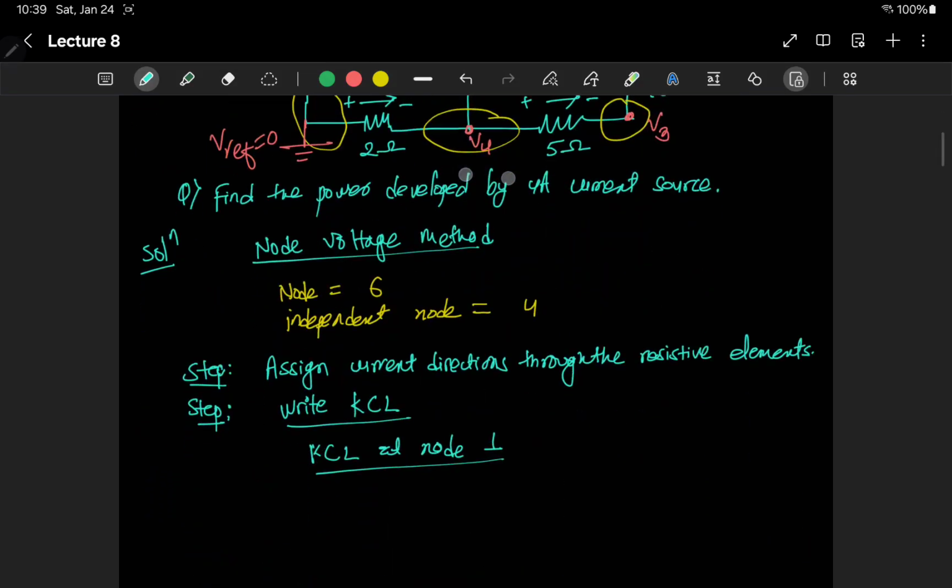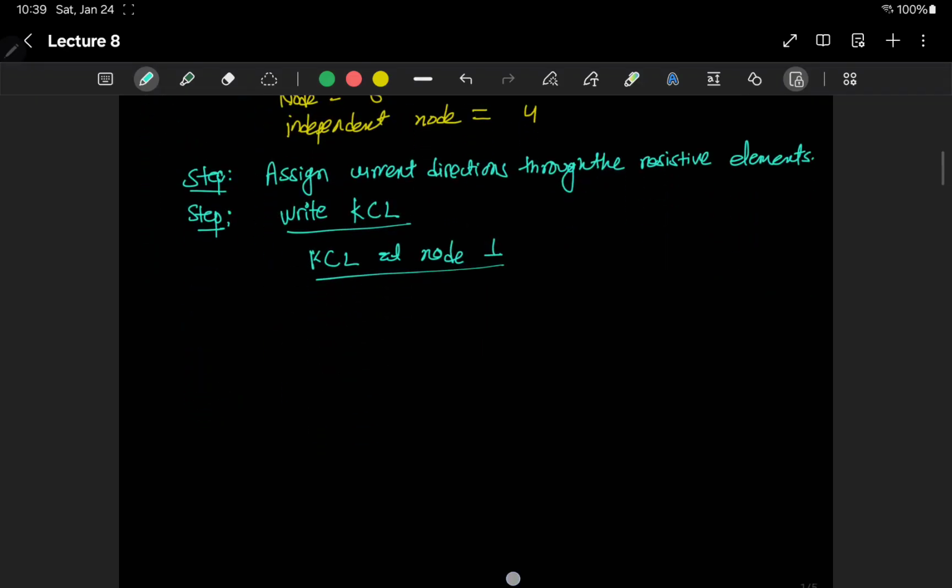So we'll write that here: 128 minus V1 divided by 4 equals V1 minus V4 divided by 6 plus V1 minus V2 divided by 3.